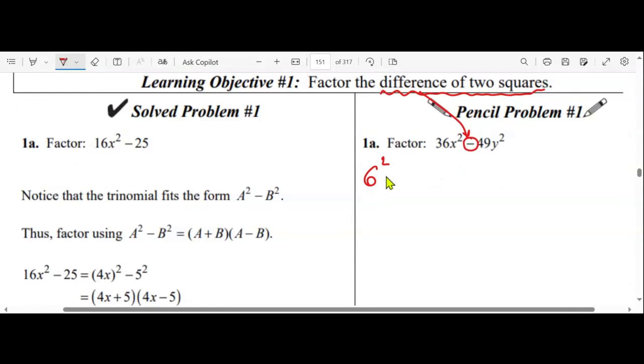So this is 6 squared, x squared. 49 is what by what? 7 times 7, which is 7 squared, y squared. Is this clear? And in the middle, negative. So now we do factoring, right? 2 parentheses. So what should I put here? 6. What should I put here?